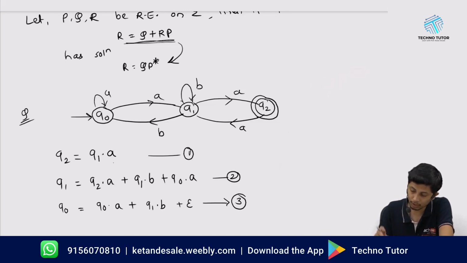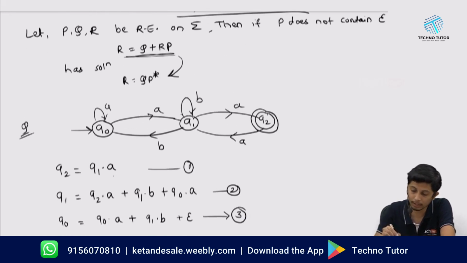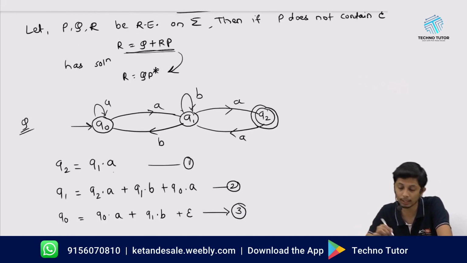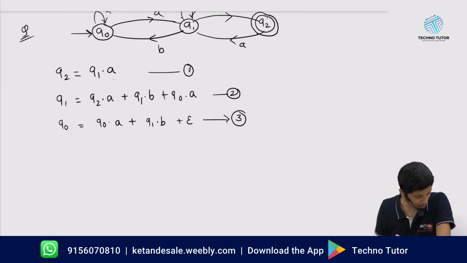From this we will now start solving the expressions, 1, 2, 3, and try to map them to R is equal to Q plus RP, so that we can simplify it to R is equal to QP star. Very first, if you see the Q2 value, you can replace that value in equation 2.